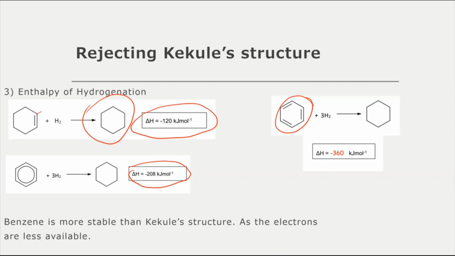This indicates that benzene is more stable than the Kekule structure. And as we know, this is because the electrons are in that ring, which makes them less available and more stable, so they are less likely to react, and that's why the enthalpy change is lower than what Kekule would have predicted.